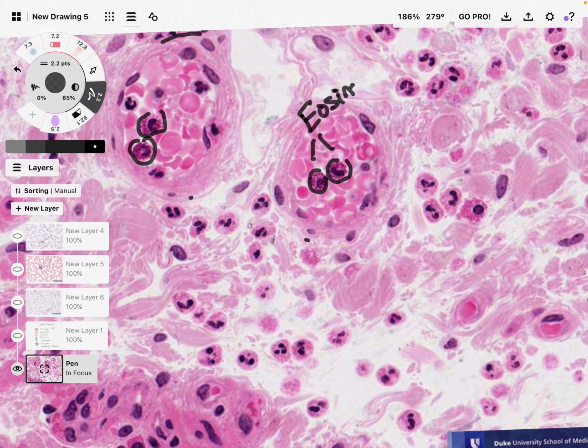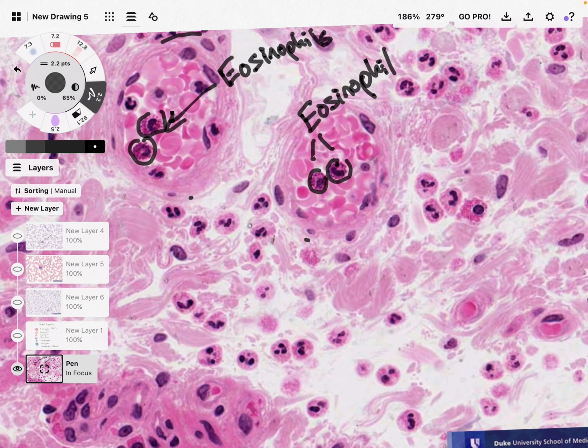Now, I don't know what was going on in this poor monkey before, unfortunately, it was used for the purpose of making these slides. But the fact that we're seeing a few eosinophils in here is kind of interesting because eosinophils are essentially the second least common of these white blood cells. And here we have two nice images of eosinophils. You can see it has this really nice granule texture that is being stained with the eosin.